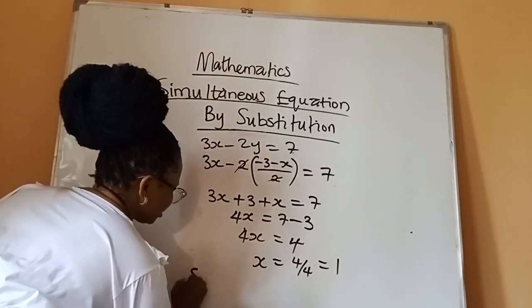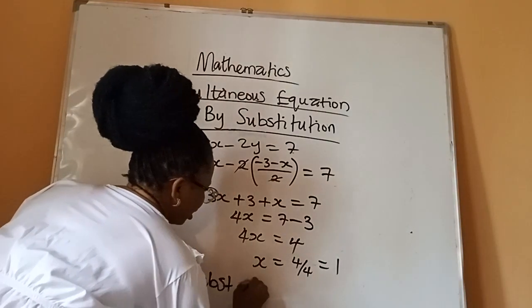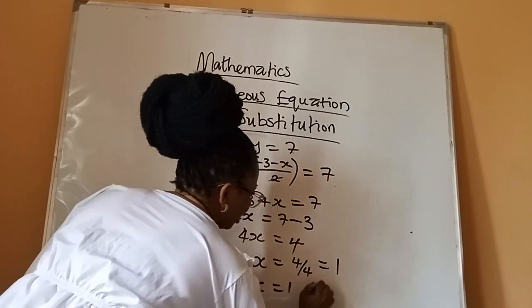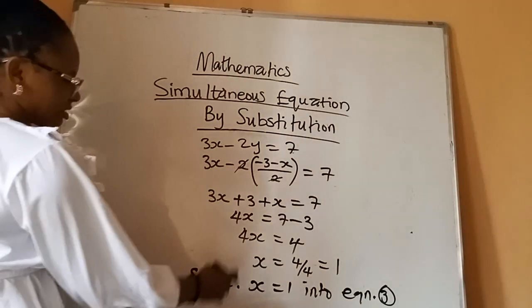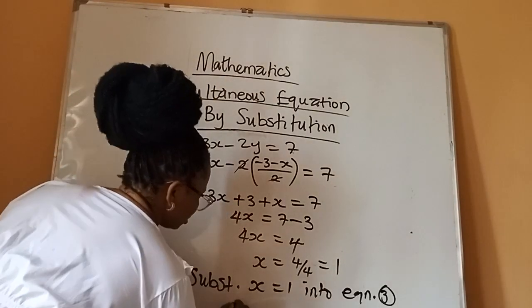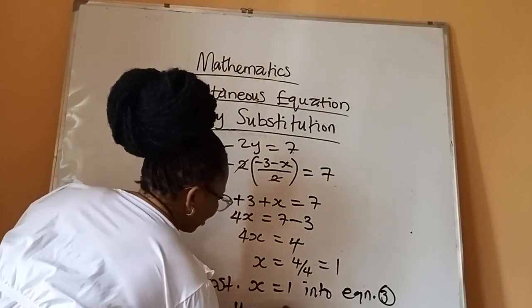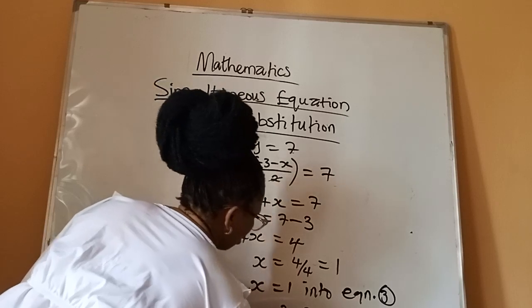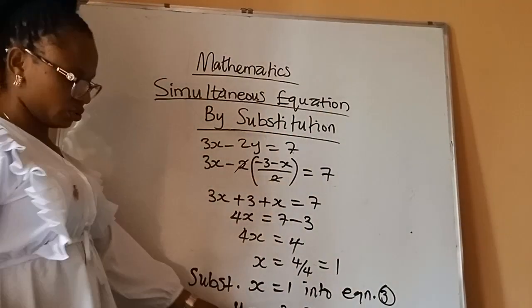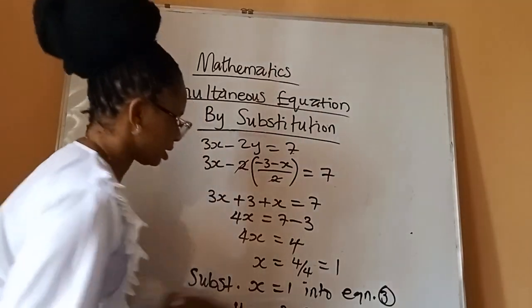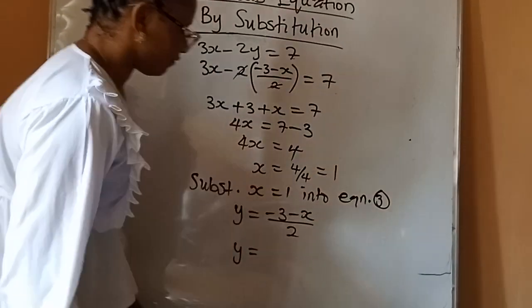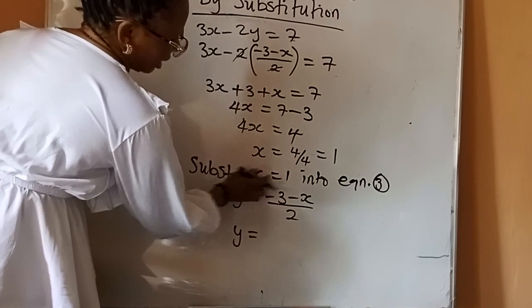Okay, so we say substitute x equal to 1 into equation 3. I rewrite equation 3. Equation 3 was y equals to minus 3 minus x all over 2. That was the equation 3 we got.